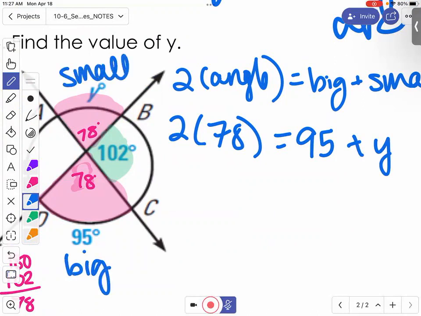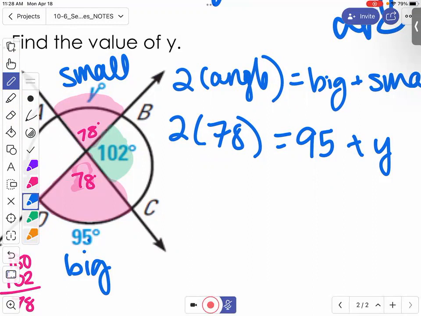y as the small. Now, if you are visually not sure which is which, it is not going to affect this one, which one you label big or small, because when you add them up, you get the same answer either way. Just like 3 plus 2 is the same as 2 plus 3. You could reverse the order, you still get 5. So for addition, it does not matter which one is the big or the small if you're not sure which is which.